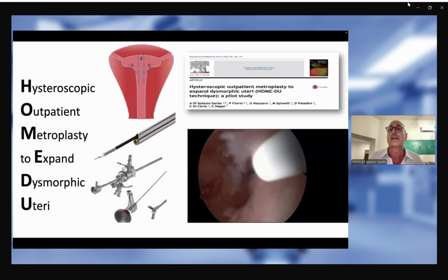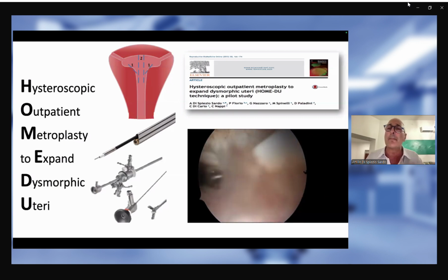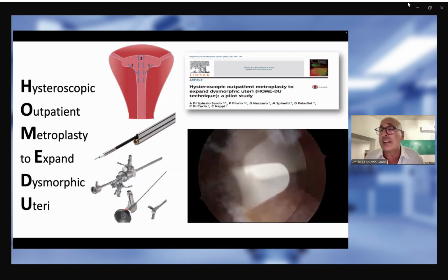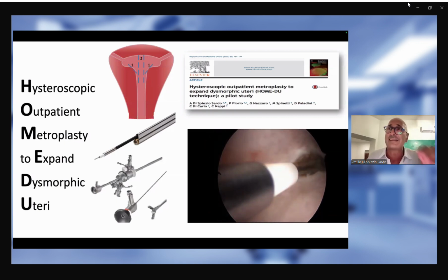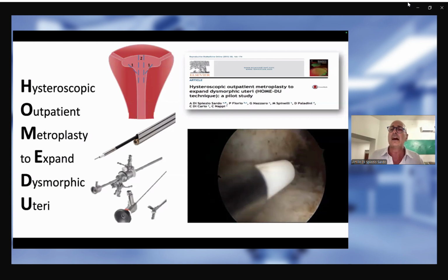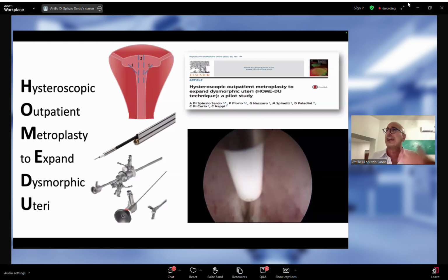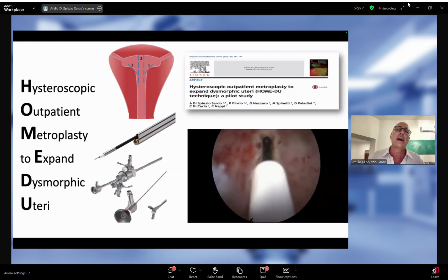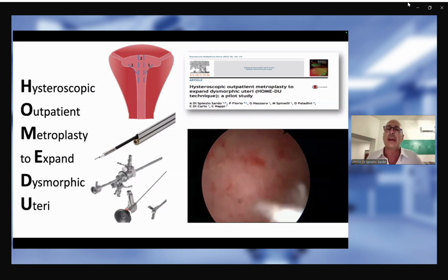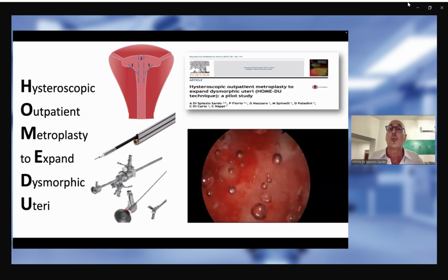Personally, with my group, after reading some papers, we described this technique, which is not an innovative technique, but we just standardized the surgical step of cutting the isthmic rings in the lateral wall of the uterus. I already knew that my friends Rudi Campo and Jaime Ferro in Spain were doing it with scissors. In the beginning, we also believed that it was important to do some cuts on the anterior and posterior wall.